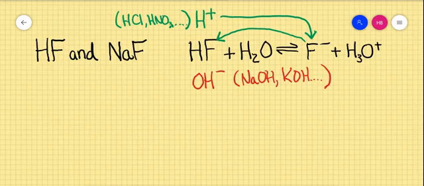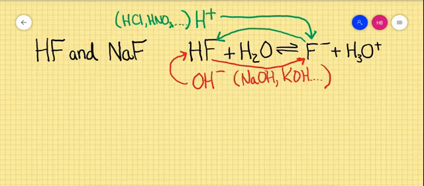OH minus is going to seek out an H+, so it can pluck an H+ off of this weak acid and form more water, leaving behind more F minus. So OH minus, if you added it to a non-buffered solution, would spike the pH way up immediately. Instead, it will consume some of the weak acid and form more conjugate base.